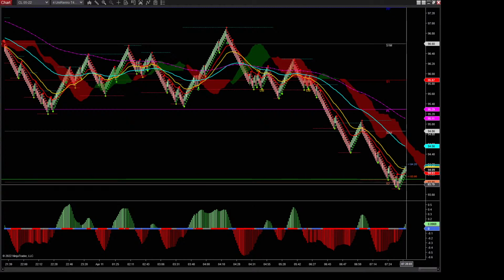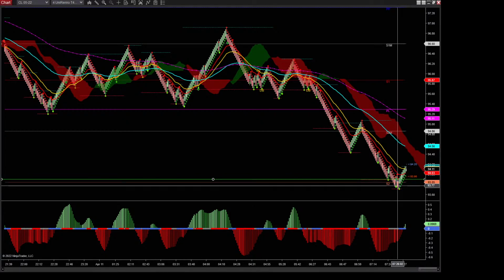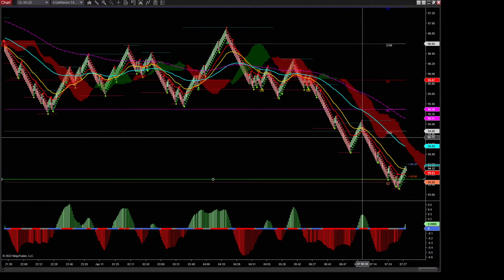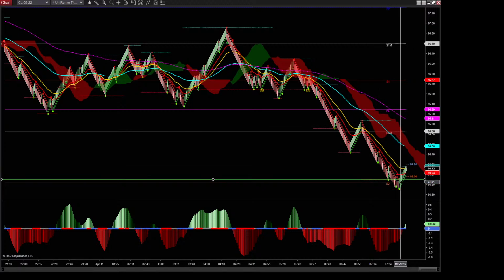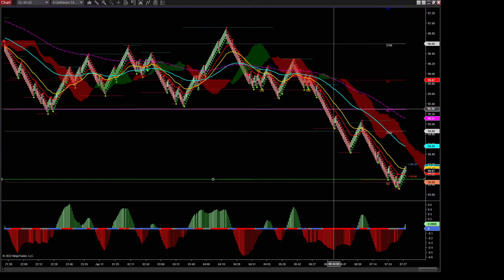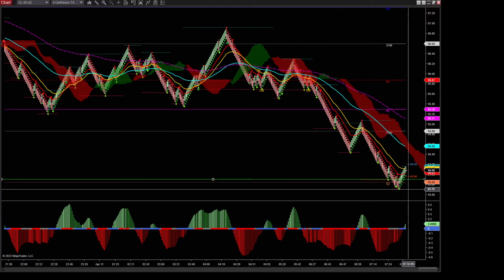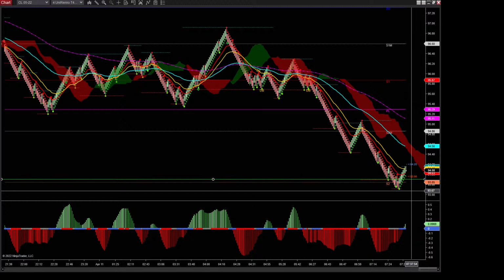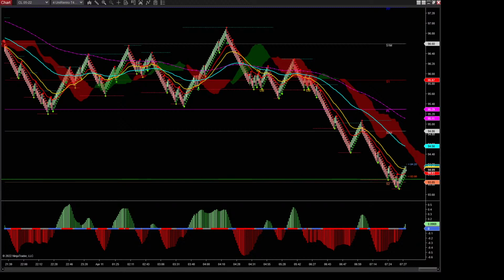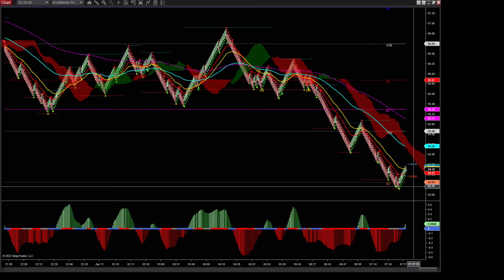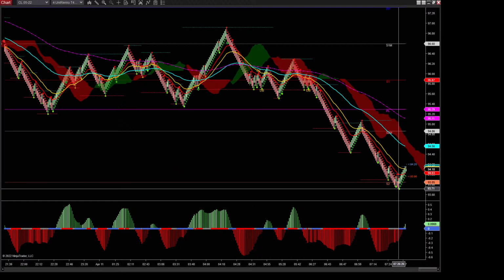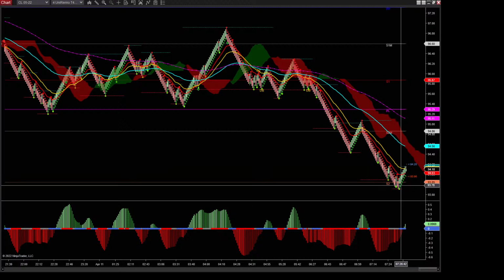I don't trade reversals because the reason is that it could be very profitable, but you have a lot of resistance. So I trade with the trend. I deleted that level. The low here was 93.71.